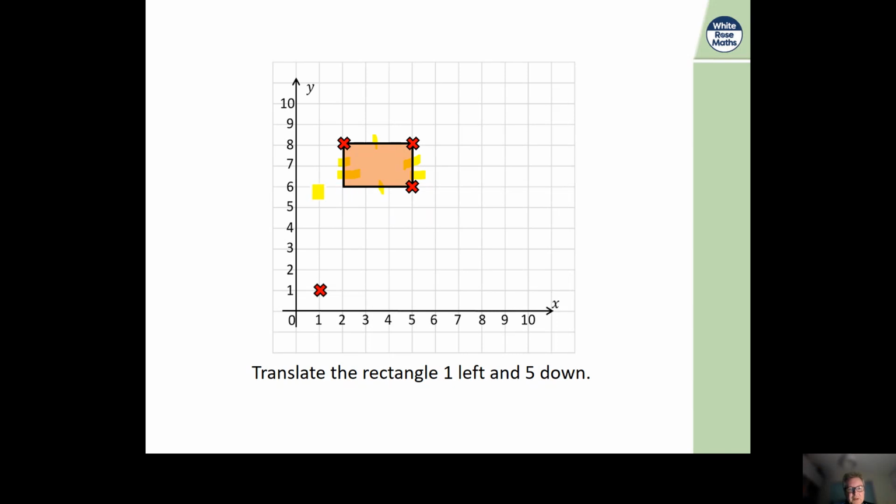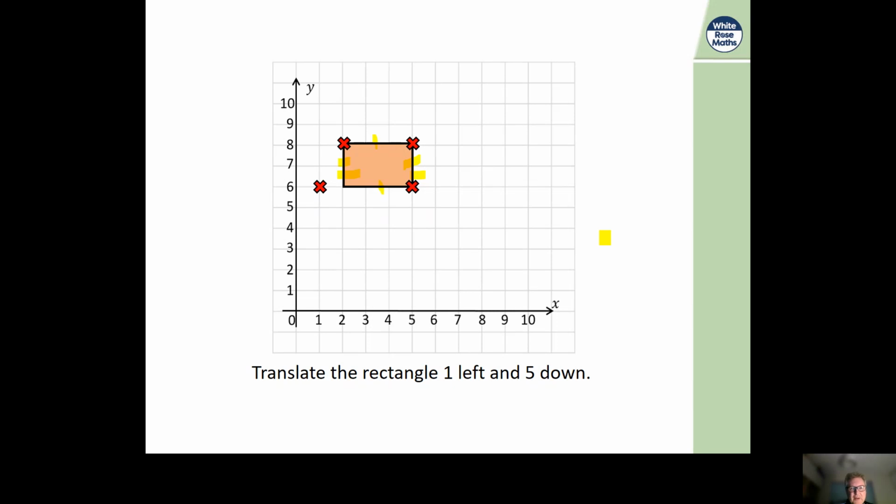So there were two movements. There's the left and then there's the down. So you could do that in two parts. What I suggest is you draw that initial rectangle out, and then move it. So let's just go back there.